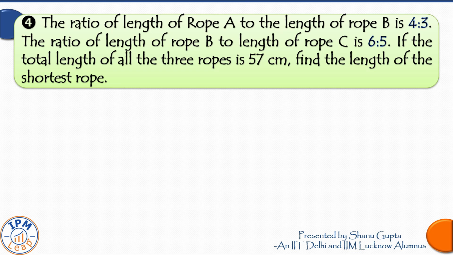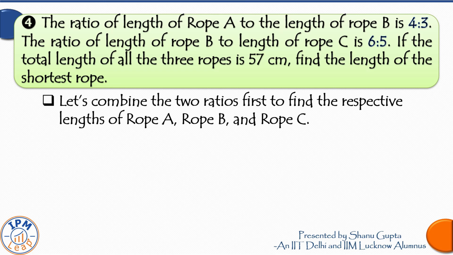Looking at the two given ratios, I can easily infer that C is the shortest rope. Do you know why? 4:3 means A is greater than B and 6:5 means B is greater than C. That means A is greater than B is greater than C and C is the shortest rope, isn't it?